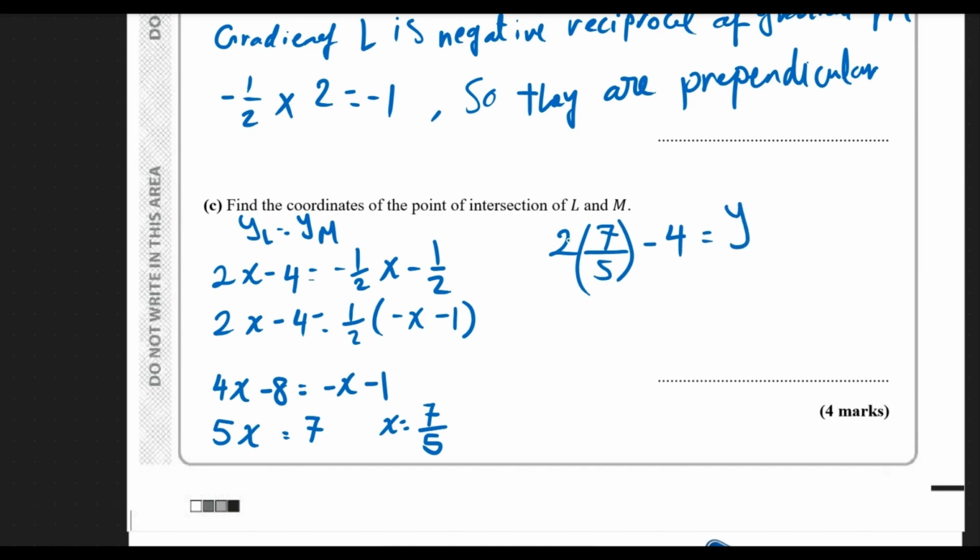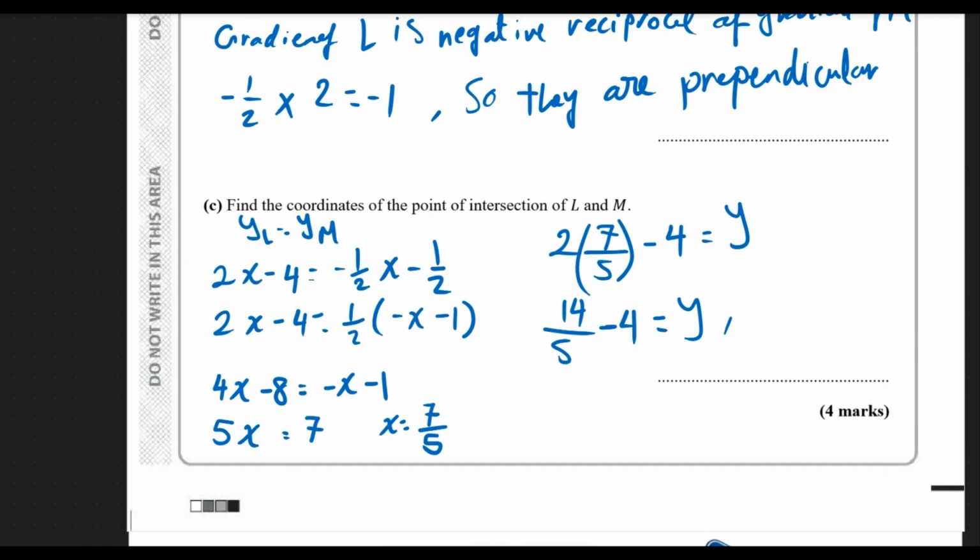So now 2 times 7 is 14. So we can write 14 over 5 take away 4 equals y.